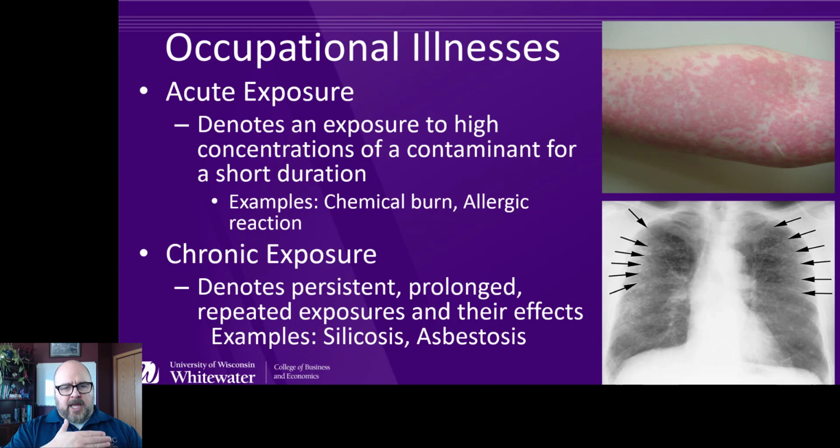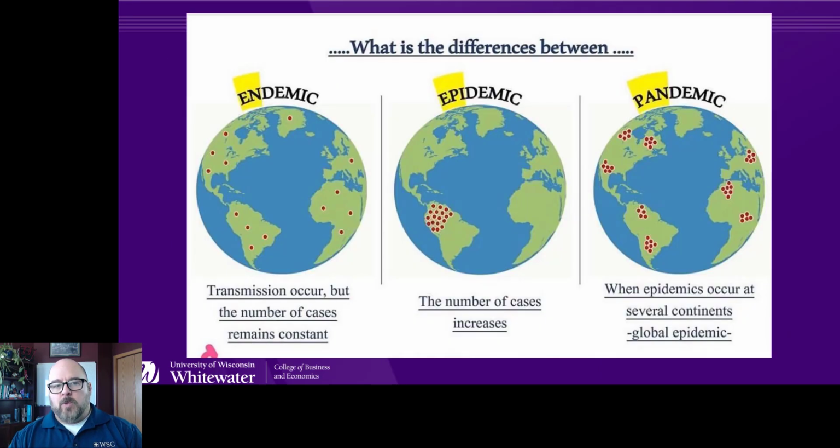Acute is a high concentration, short duration, whereas chronic is over long periods of time. The examples I have here on the right are a rash or an allergic reaction, a dermal allergic reaction to an exposure, whereas the bottom shows asbestosis, which is lung disease due to exposure to asbestos, typically over a 10 to 25-year career.